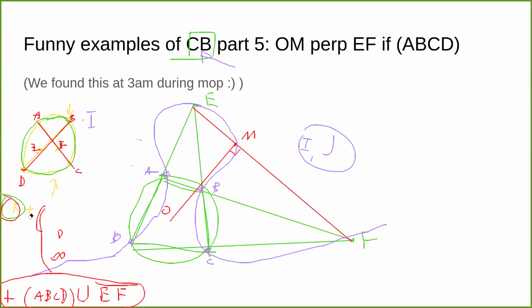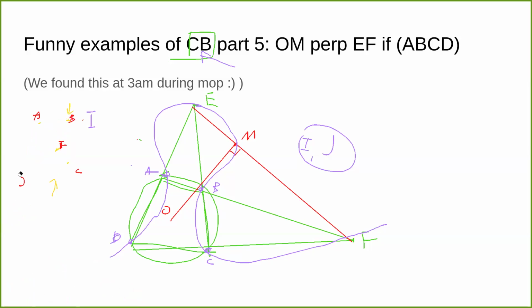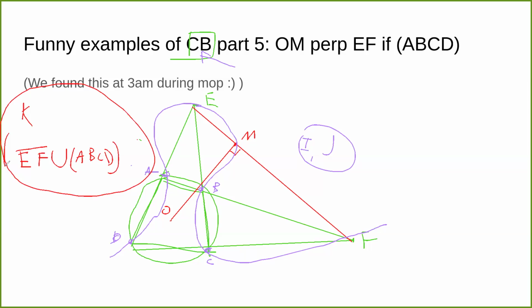Okay, now back to the problem. Do you guys see what to use it on? If you use Cayley-Bacharach on the isoptic cubic, so this one, let's call it K again, and then you use it on line EF union ABCD, what are the 9 points that these intersect at?